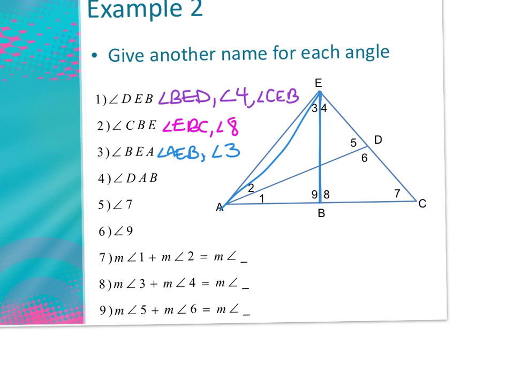Angle 3. Okay, DAB. I could say BAD. I could say angle 1. I could say what? CAD. Or DAC. Okay, same thing.